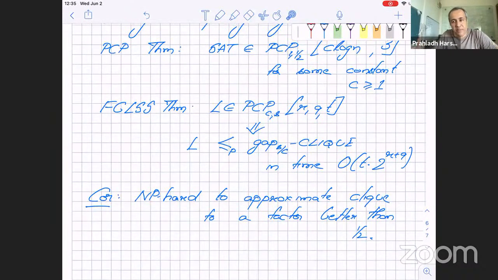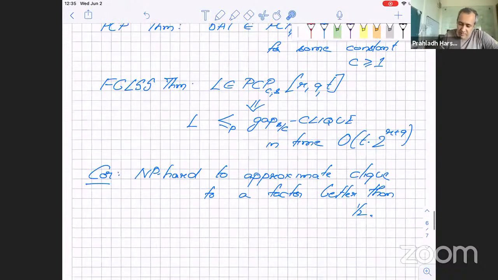A PCP is a randomized algorithm. You repeat the whole algorithm twice. In the yes case, it's perfectly complete. The same proof will give you completeness 1. So all I want to claim is the following.